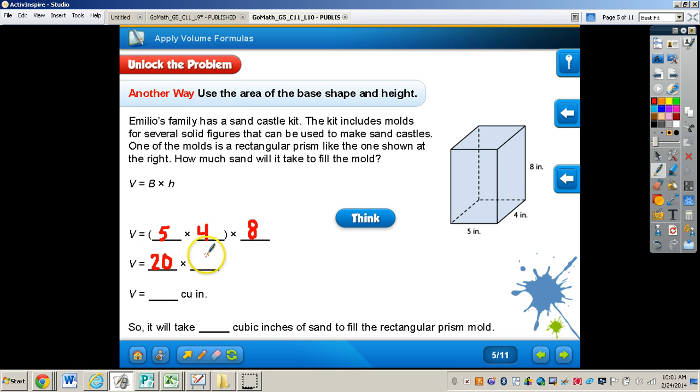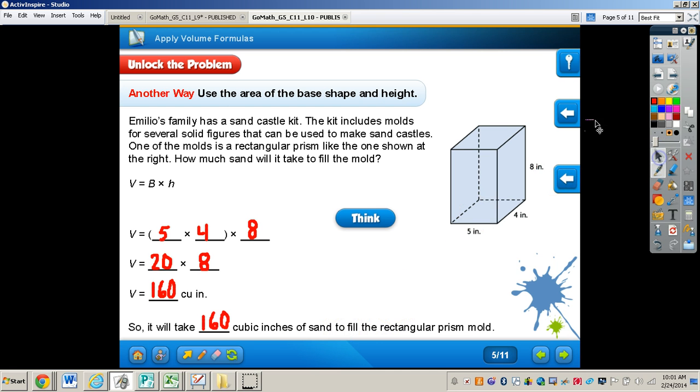We multiply that by 8. So volume equals 20 times 8, which gives us 160. So it will take 160 cubic inches of sand to fill the rectangular prism mold.